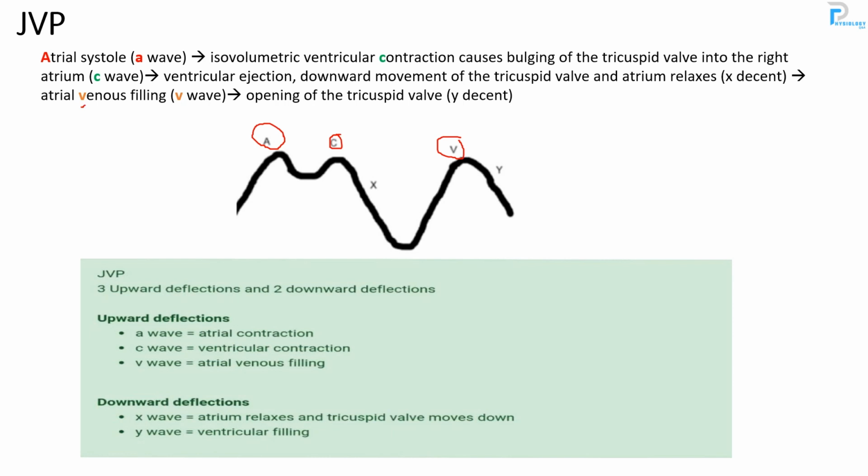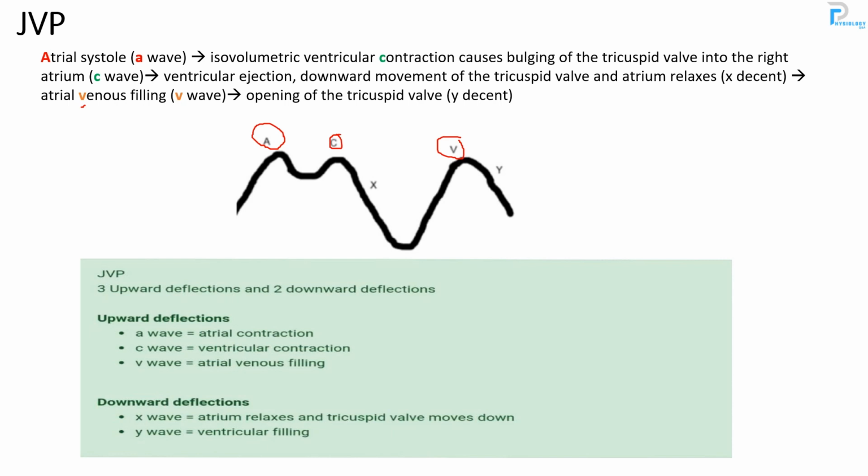During these waves, atrial pressure increases, and that will be reflected in the jugular vein. A, atrial systole, C, ventricular contraction, isovolumetric contraction, and V for atrial venous filling. X and Y, they are negative waves, which represent a decrease in atrial pressure.